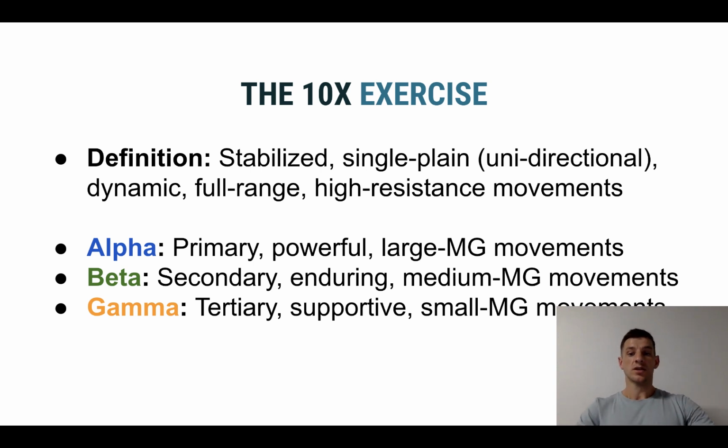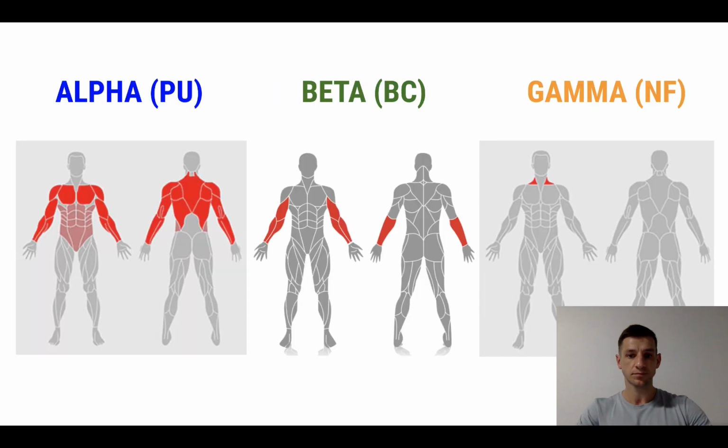Okay, so let me show you what that looks like. Now again, alpha, these images beautifully display that every alpha exercise will target one or more major muscle groups, like you can see here.